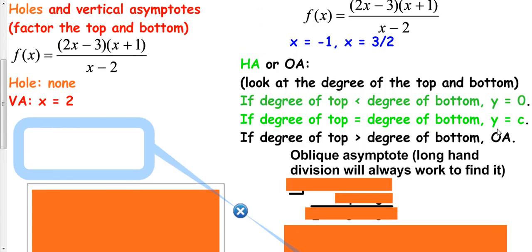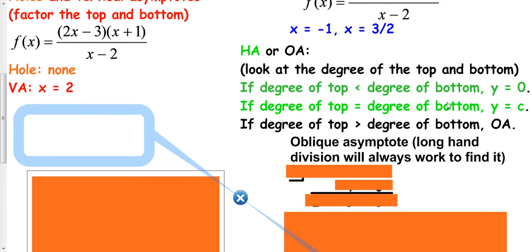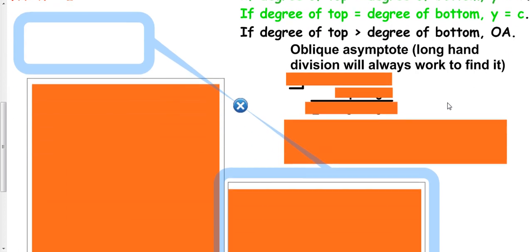In this particular case, since we're dividing only by an x plus a number or x minus a number, we could use synthetic. Your oblique asymptote is always going to be y equaling your quotient, whether you are using longhand or synthetic. You're going to often have a remainder, but we don't care about the remainder.